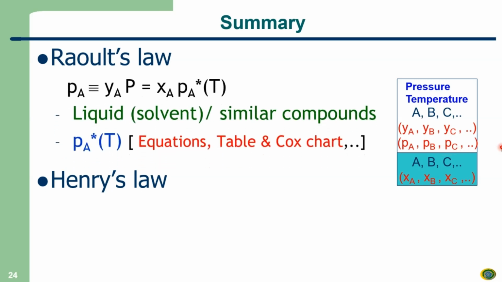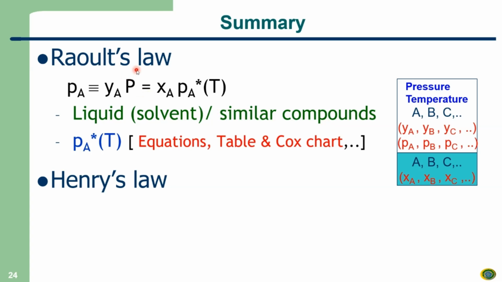Okay, so first of all, if you have so many species, for the species which is very easy to condense, very easy to become liquid, in this kind of case, we use Raoult's law.